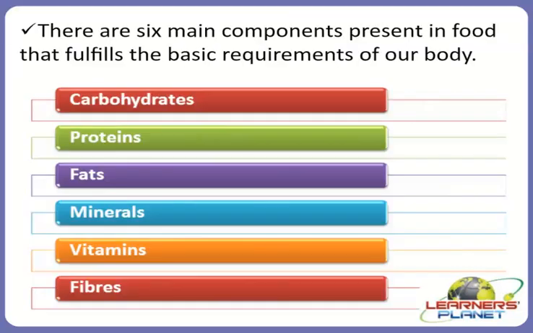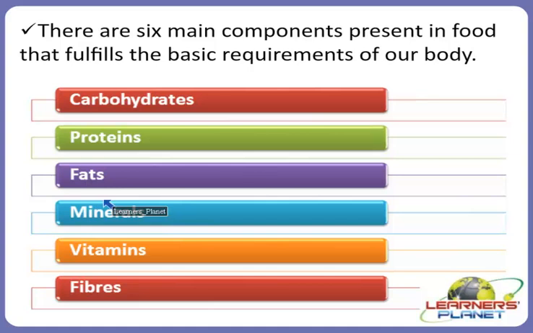So there are 6 main components present in food that fulfill the basic requirements of our body, as we discussed: providing sufficient energy for carrying out various activities, for growth, and also adding bulk for keeping our digestive system in a very good condition. So the main 6 components present in food are carbohydrates, proteins, fats, minerals, vitamins, and lastly fibers, right?